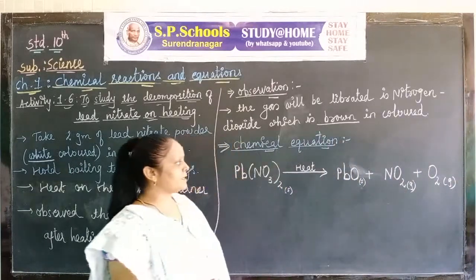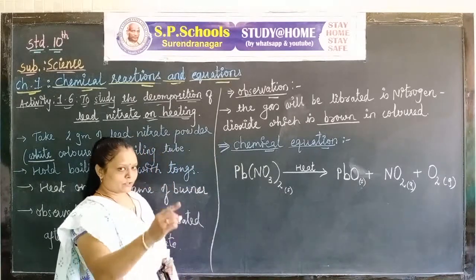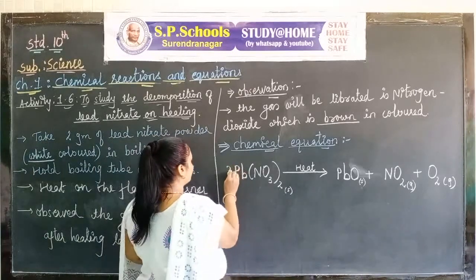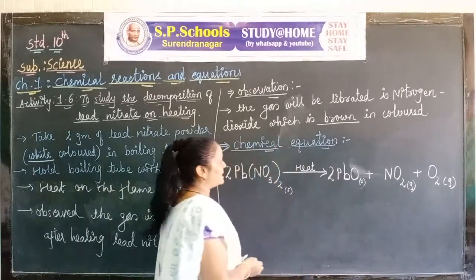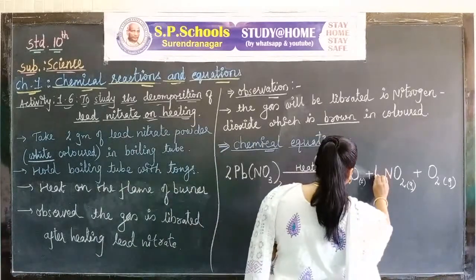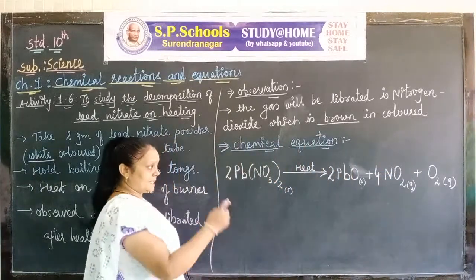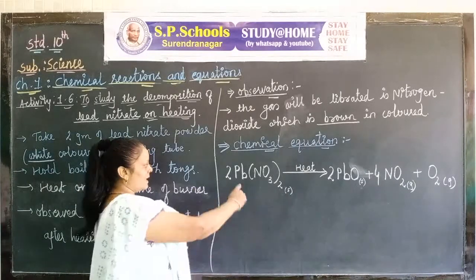You have to balance this equation first by yourself. Here we put 2 to balance oxygen, and for balancing nitrogen and oxygen we need 4 before NO2, and then count all the atoms of each element.